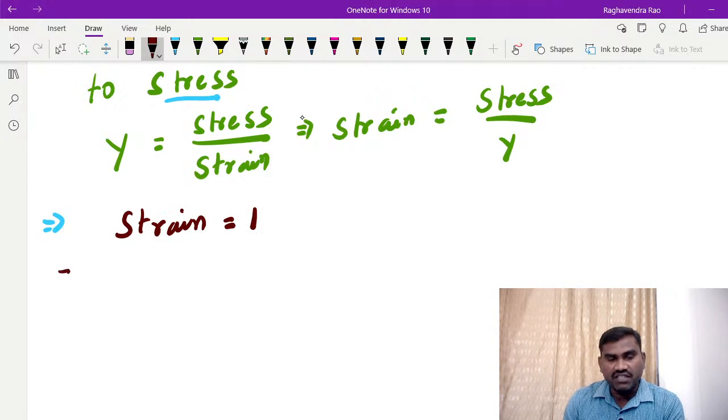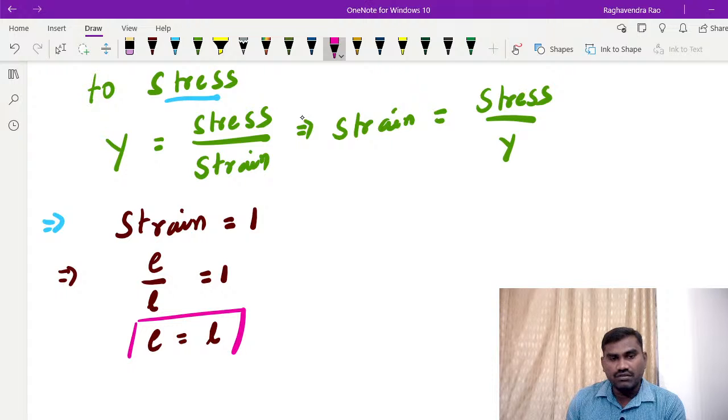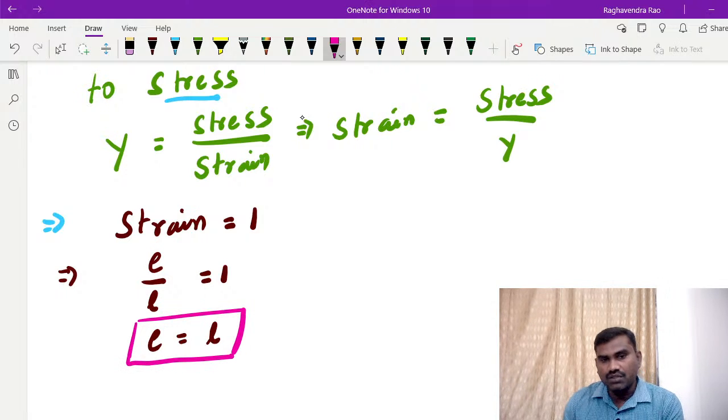So what is meant by strain? Elongation by original length is nothing but strain. E by L is equal to 1. So E is equal to L, which means the elongation produced in the wire is equal to the original length of the wire.